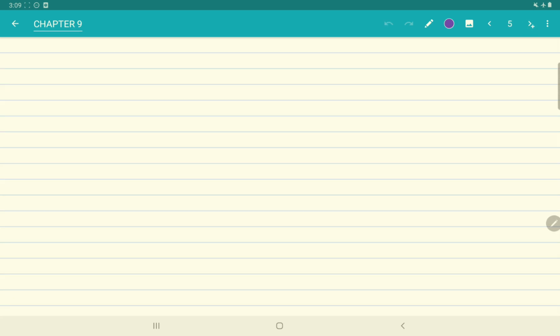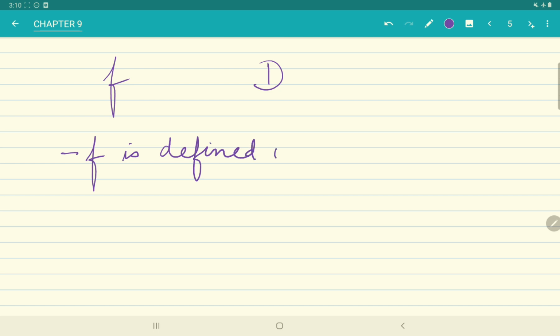Now, let's say f is a function with domain D. Then if I want to think of minus f, I know that f is a function defined in the domain D. Then minus f will be defined in D by minus f of x.